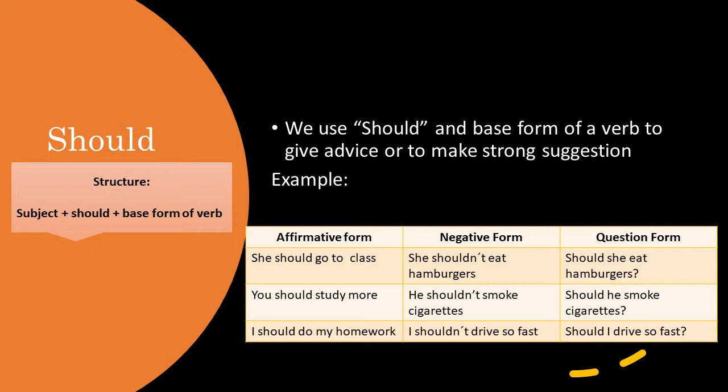Now for a negative form, we use the same structure, right? The subject plus should plus not, or shouldn't in this case, plus the base form of the verb. So we have the next examples, right?